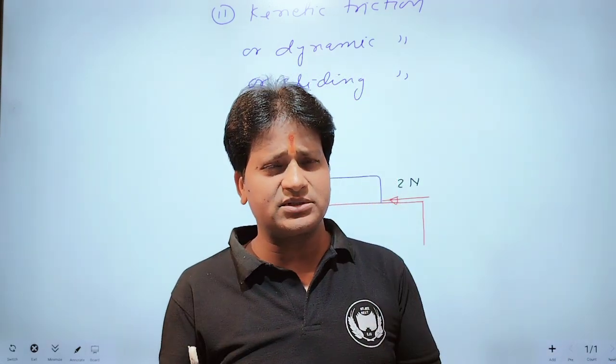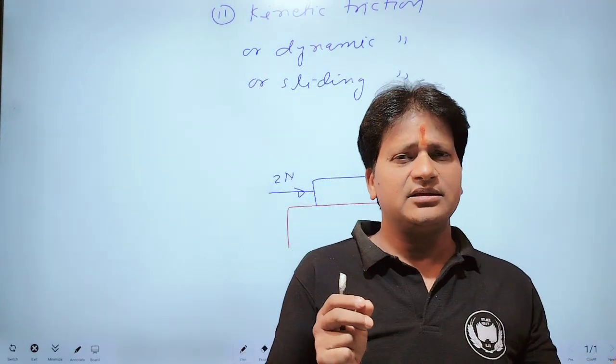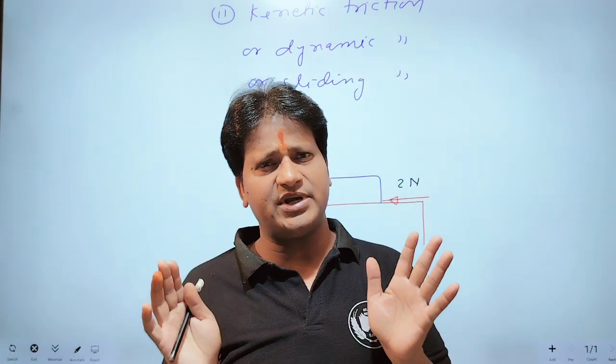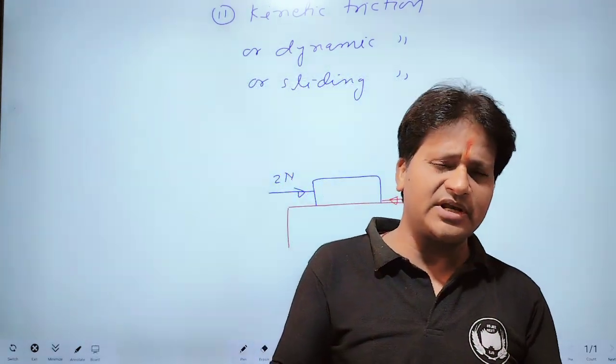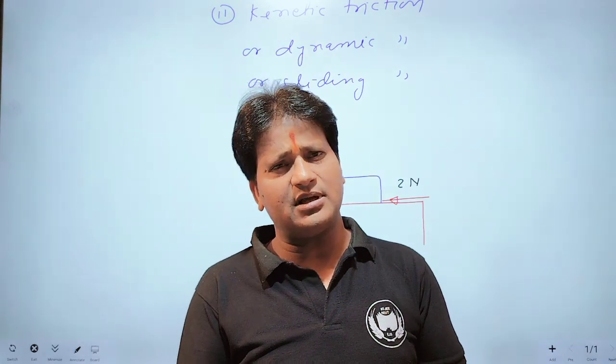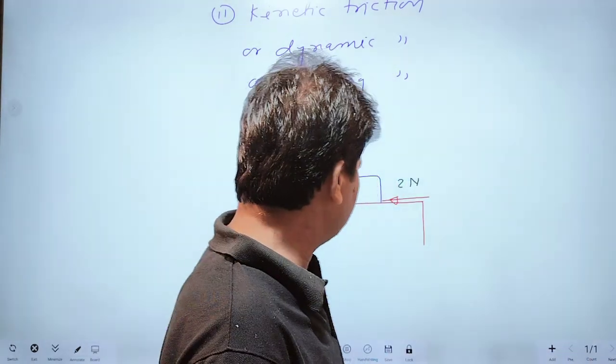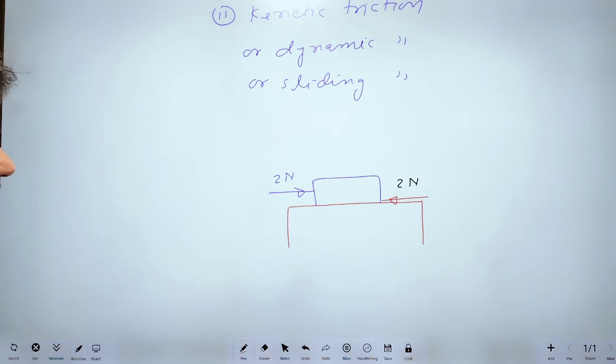If the block starts sliding, then the force of friction acting between the surfaces of contact will be kinetic friction, also called sliding friction or dynamic friction.